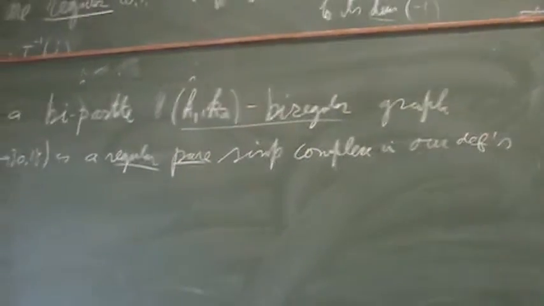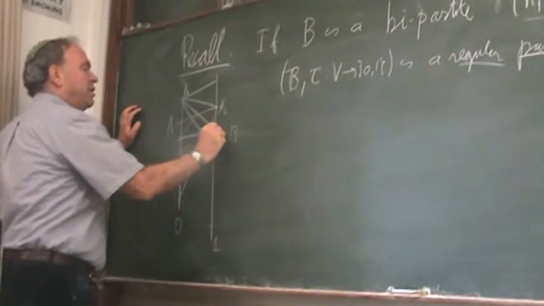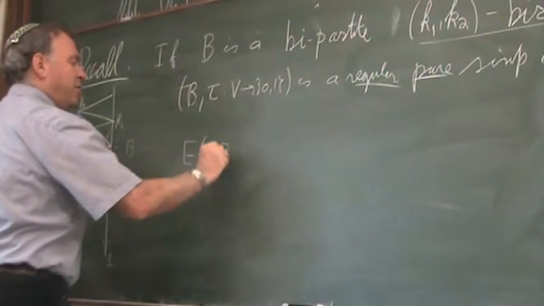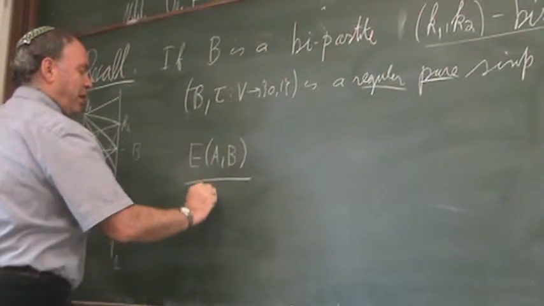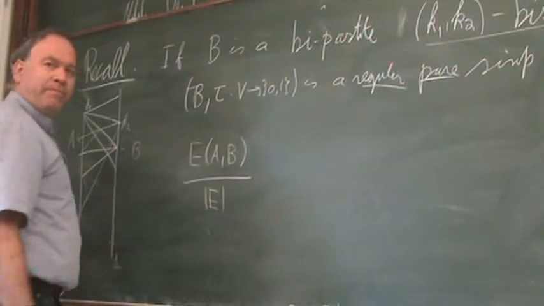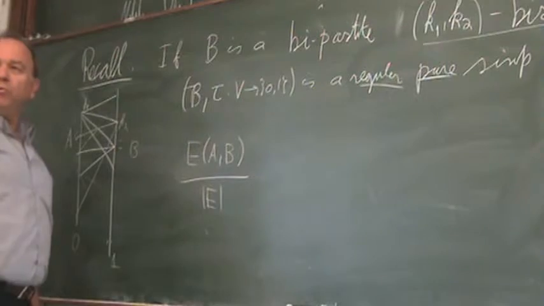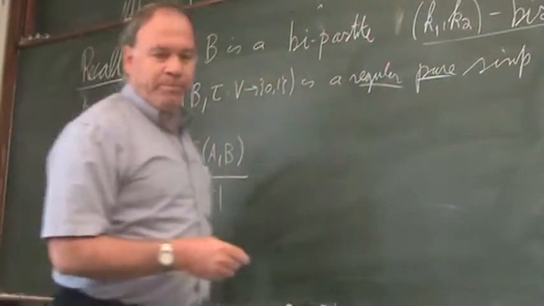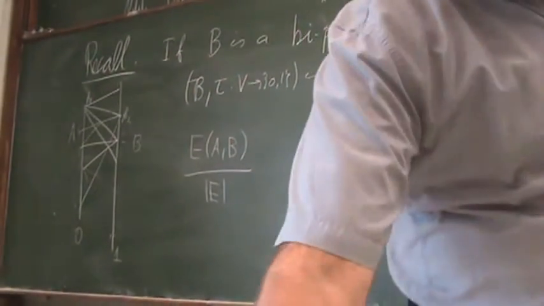Remember I told you if you take a subset A here and a subset B here, then we computed EAB and we divided it, I think, by all the number of edges, right? Or something like that. Or I had the lemma, which I proved.